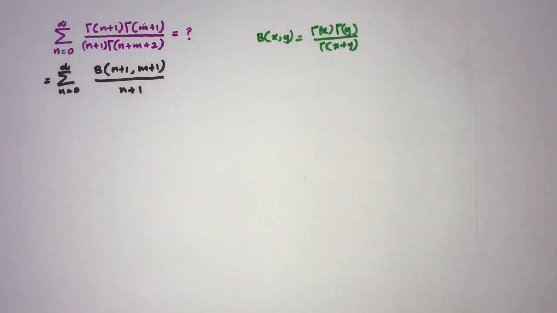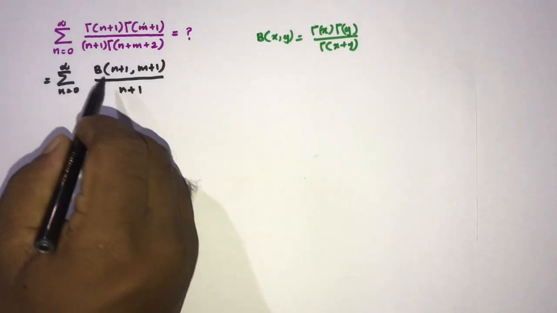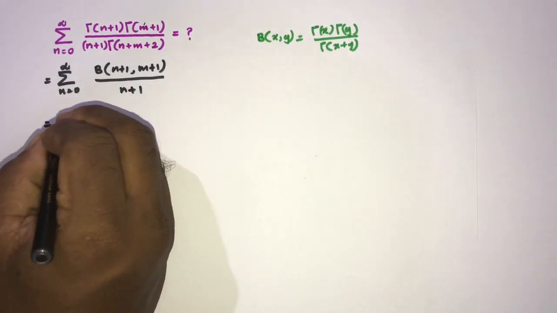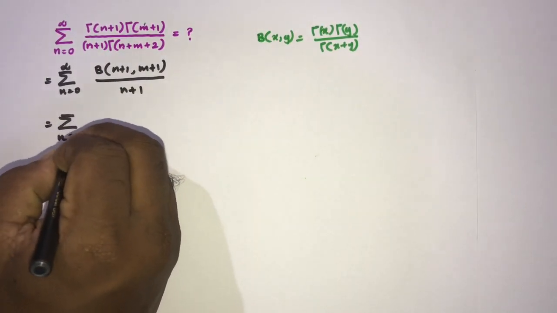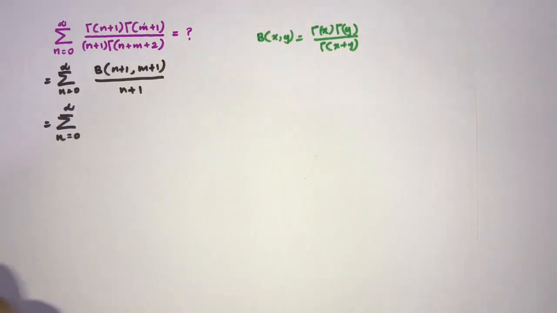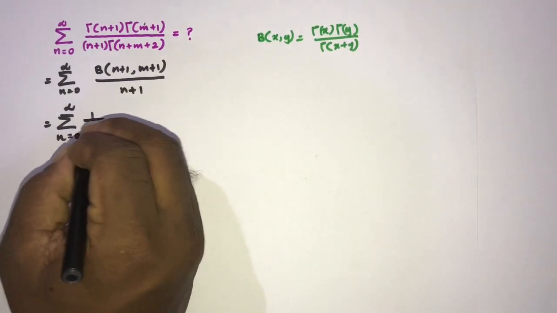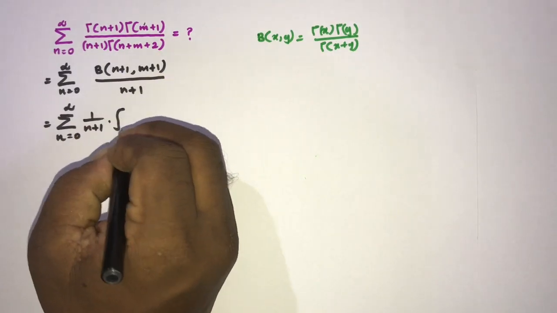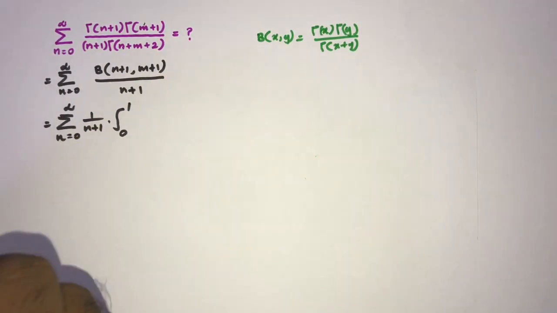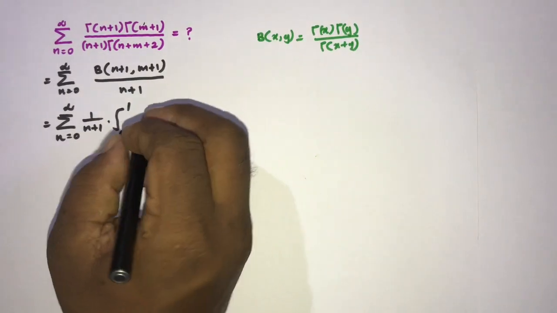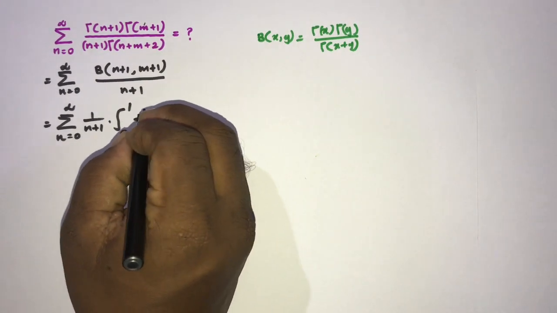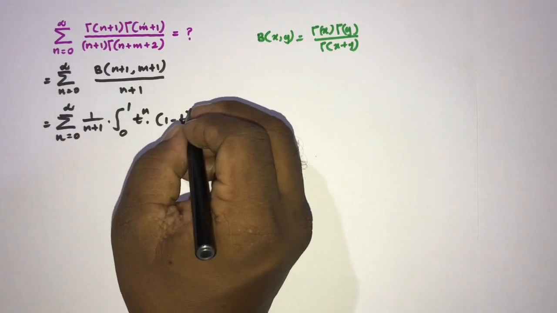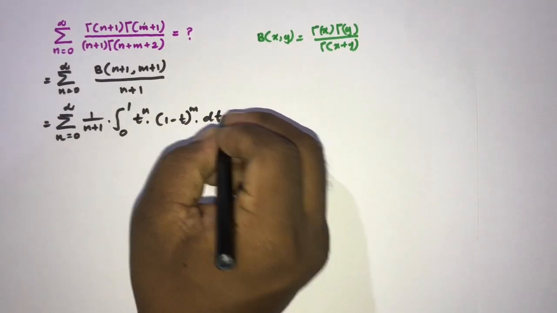Then the beta function we can represent as an integral. So we can write the sum from 0 to infinity, now here we have 1 over n plus 1, and instead of the beta function we can write the integral from 0 to 1 of t to the n times (1 minus t) to the m dt.